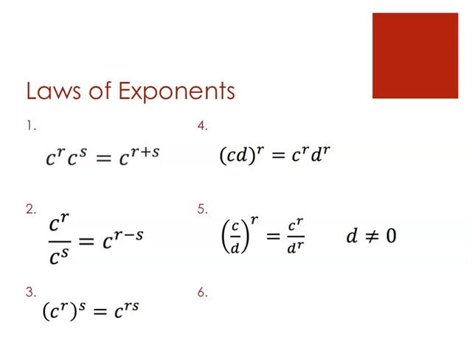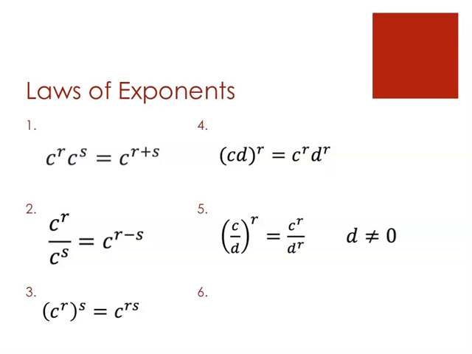Now on the side here we have that d does not equal 0. That's just to be sure that when we're talking about these laws, in this fraction, c over d, if d is equal to 0, then this is not going to hold true, right? Because then you'll have an undefined fraction.